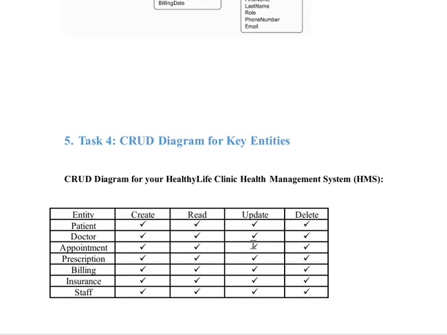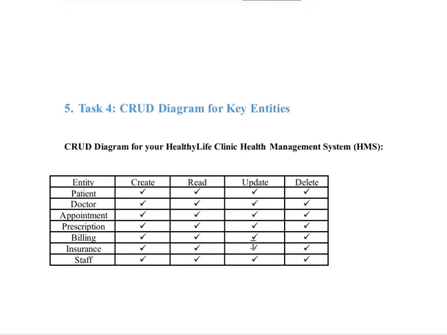And from task 4, I have created the CRUD diagram. CRUD means create, read, update and delete. It shows what actions users can do with each part of the system. For example, staff can create, read, update and delete appointments and billing information.